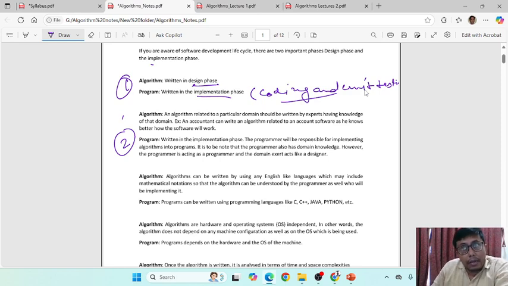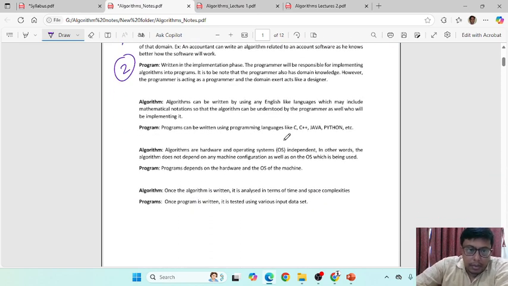So the algorithm is written in English or English-like language, so that it is understandable by both technical and non-technical persons. But the program should be written by a technical person who is comfortable with the programming language which is expected to be used to implement that algorithm.